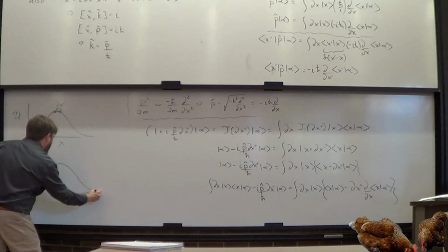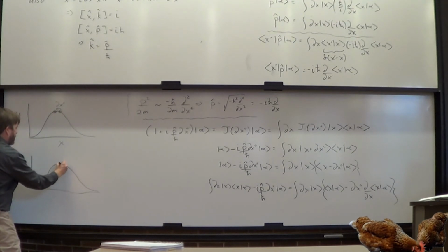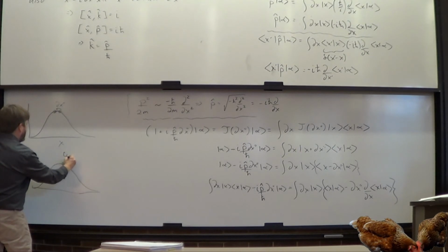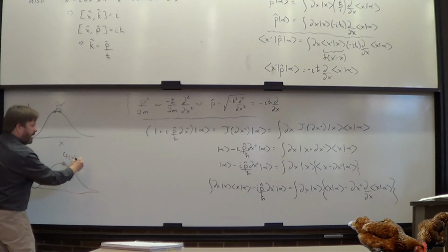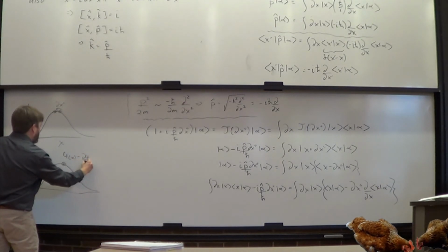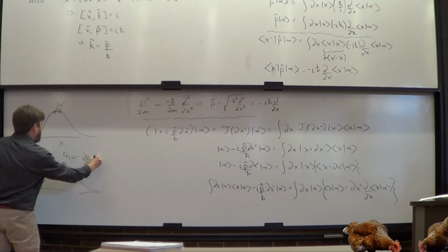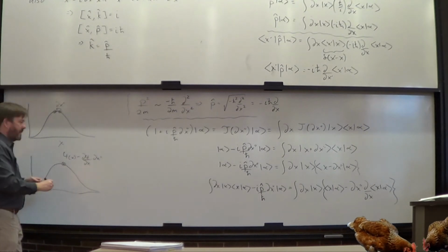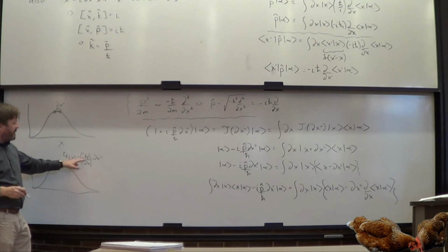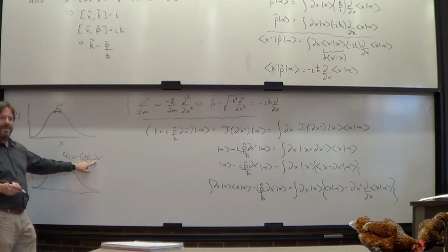I'm going to start with the same point. Go a little bit to the right of it. And we're going to take that spot, and we're going to subtract the derivative times some, this is rise over run times run, right?